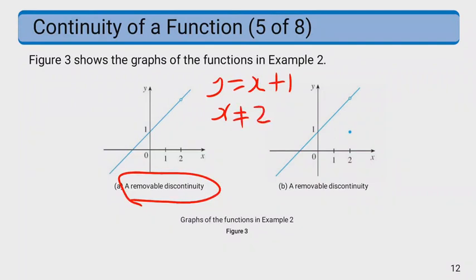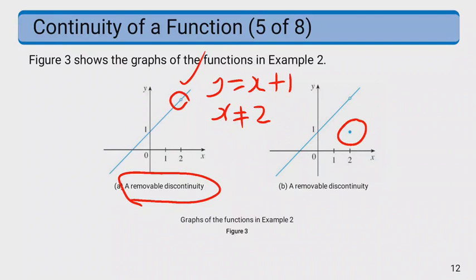So at x equals 2, we still have a hole here to show that the function is not defined. But we can redefine this function such that the function is continuous at this point. We can redefine this function, especially piecewise. An example is here where we still have a removable discontinuity, where we redefine our function but with a value of 1 at this point.